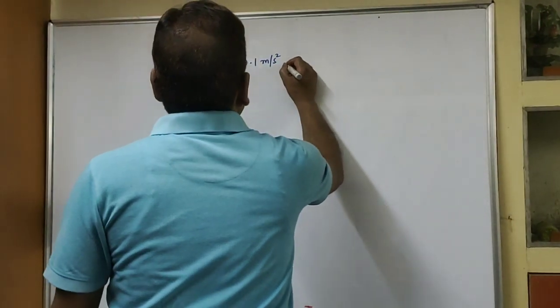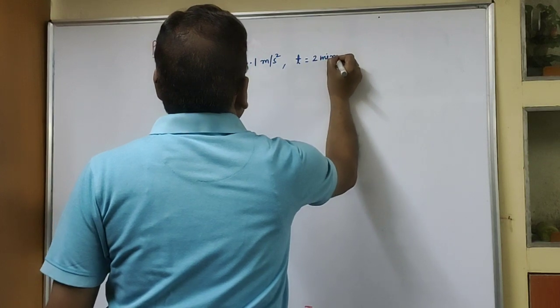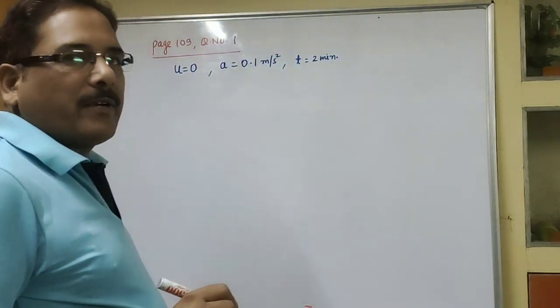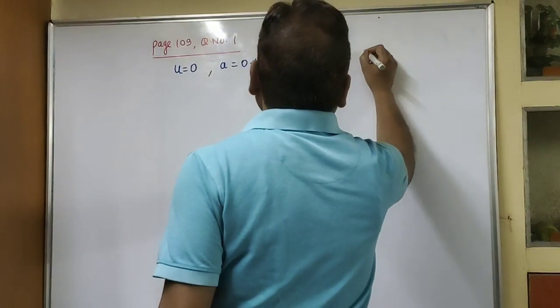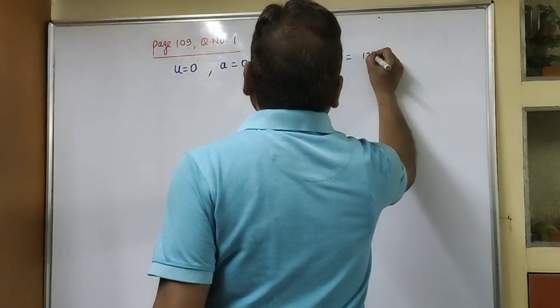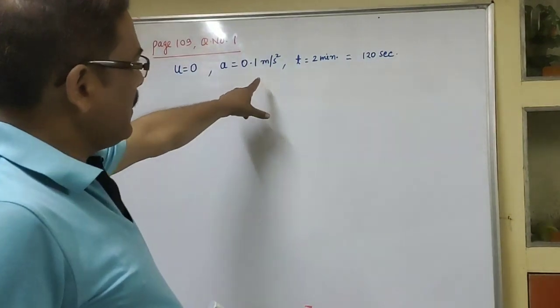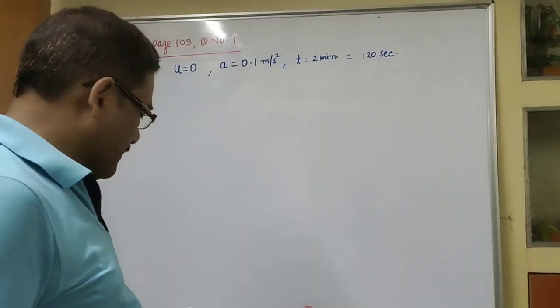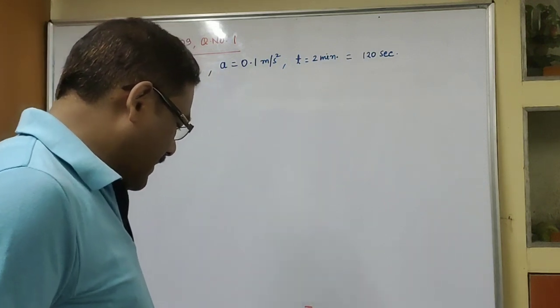So time is given in minutes, 2 minutes, and you know the SI unit of time is second. So first convert it into second. So it will be 120 second, because all other quantities are in meter per second in SI unit. And find the speed acquired.